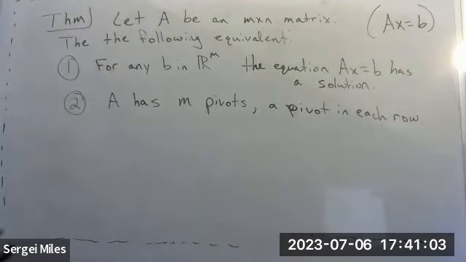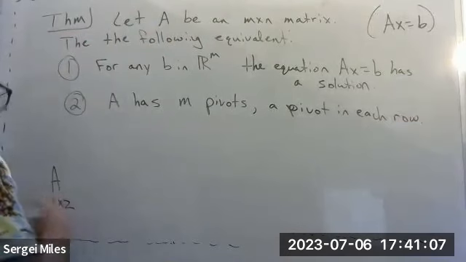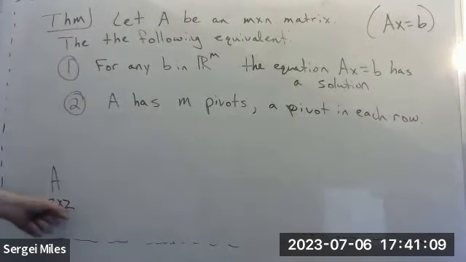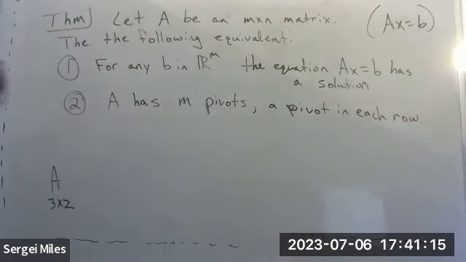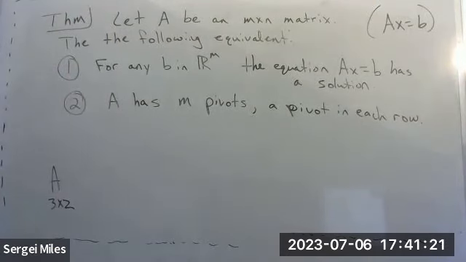For example, if A is a 3 by 2 matrix, it only has 2 columns, right? Because it only has 2 columns, that means it only has 2 corresponding column variables. It can only have at most 2 pivots. But if it can only have at most 2 pivots, that means it's impossible to have 3 pivots.